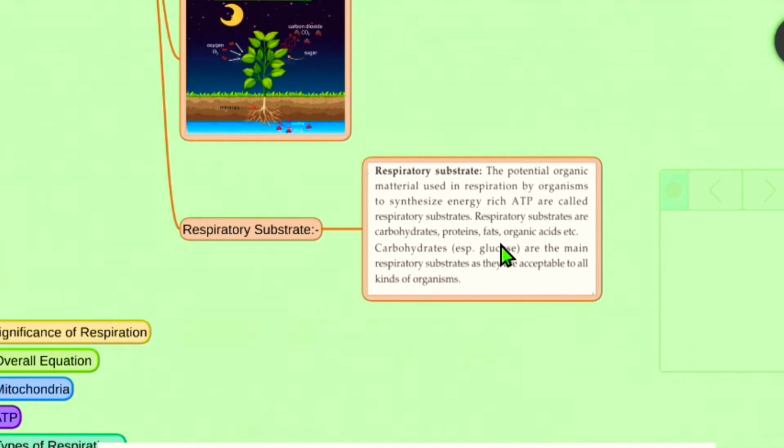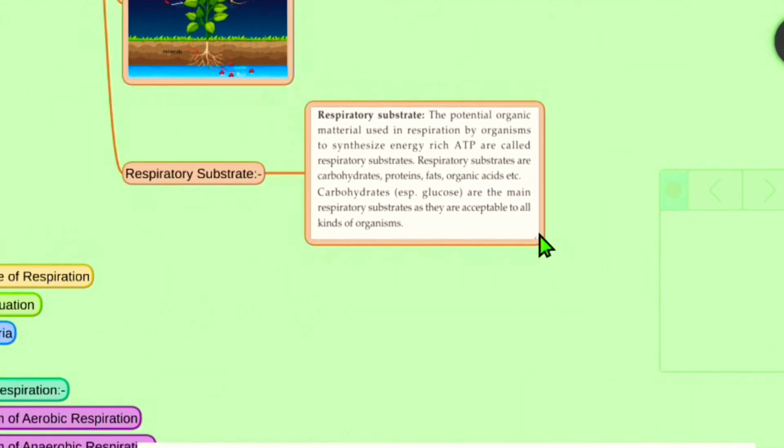The examples of these respiratory substrates are: the first one is carbohydrates, second one is proteins, third one is fats and organic acids, etc. Mainly the carbohydrates, especially glucose, are the main respiratory substrates as they are acceptable to all kinds of organisms. One important term.